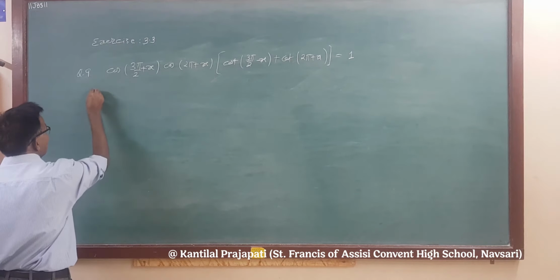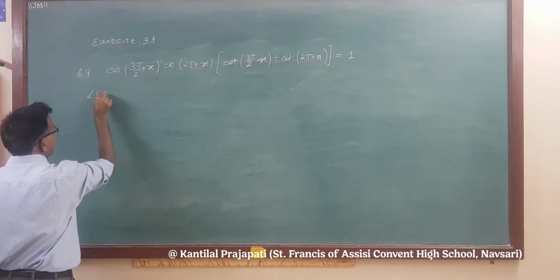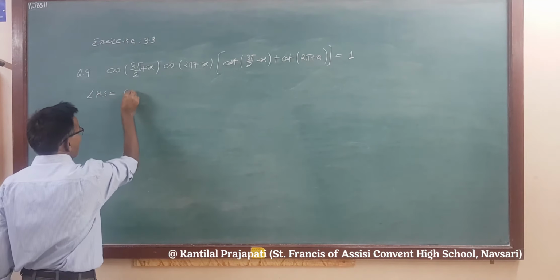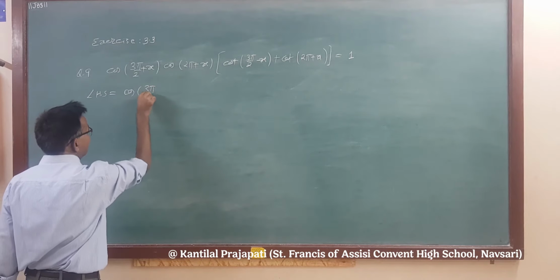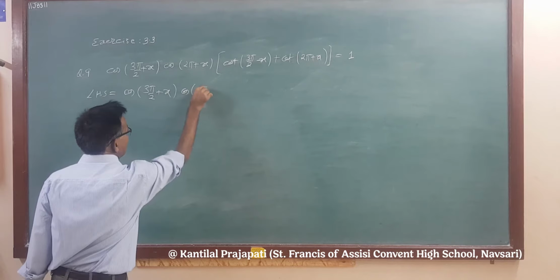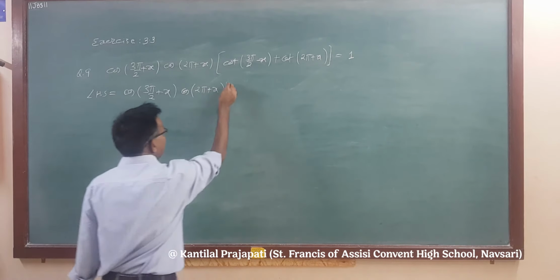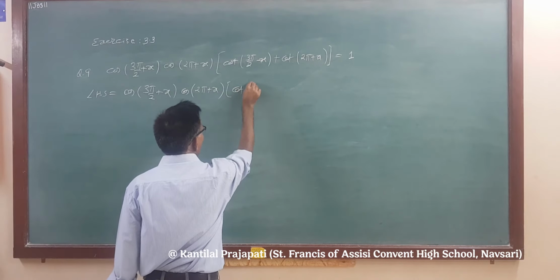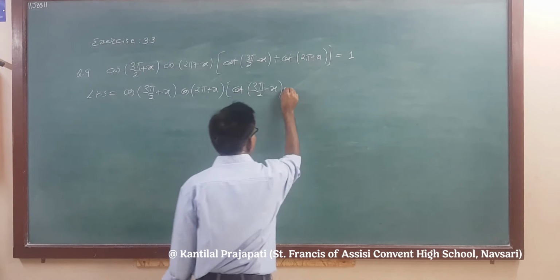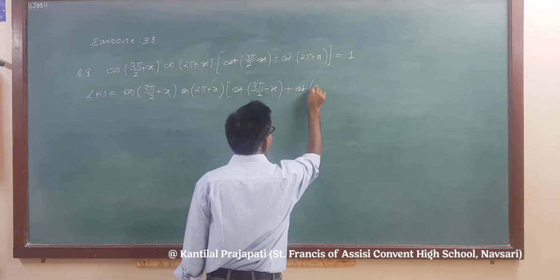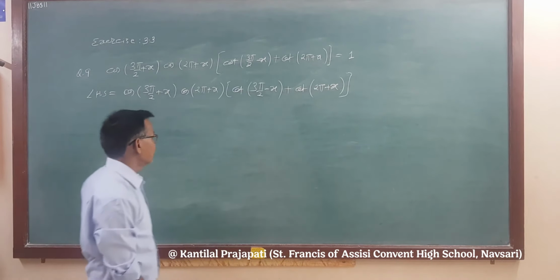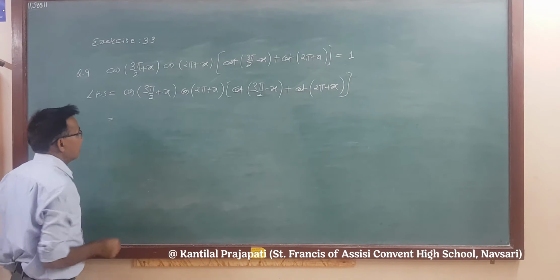So see here, directly write LHS. LHS is equal to cos of 3 pi by 2 plus x into cos of 2 pi plus x, in bracket cot of 3 pi by 2 minus x plus cot of 2 pi plus x. Right. Now check here.